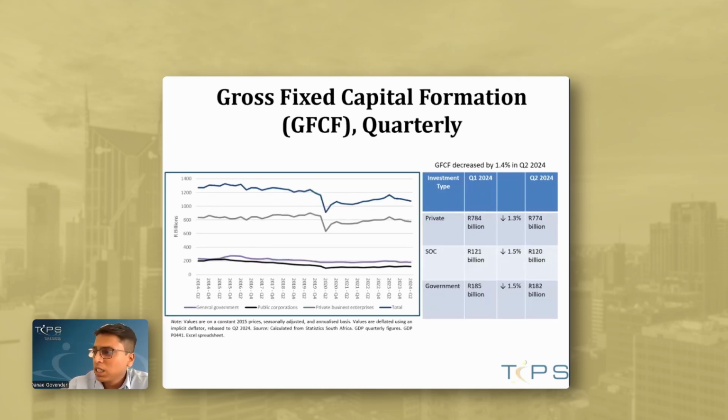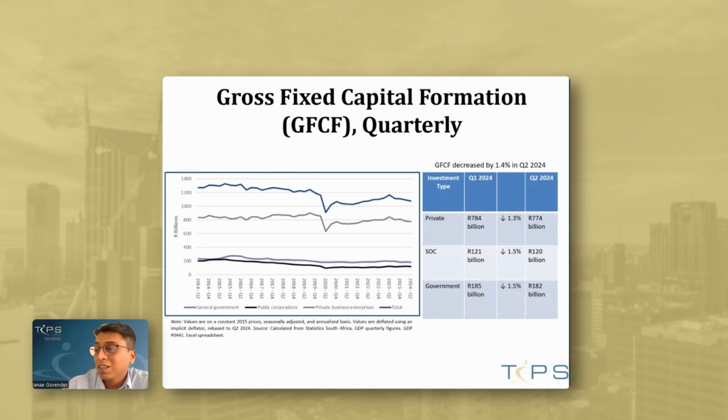The second set of metrics examined include those related to gross fixed capital formation, or GFCF, which decreased by 1.4% in the second quarter of the year. In terms of GFCF by source, from the first to the second quarter of the year, both general government investment and investments by public corporations decreased by 1.5%.